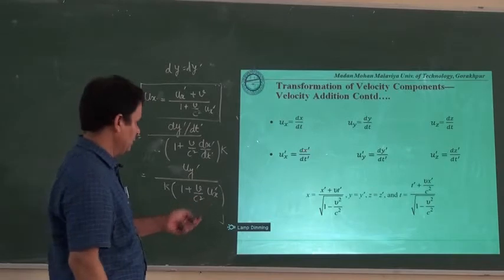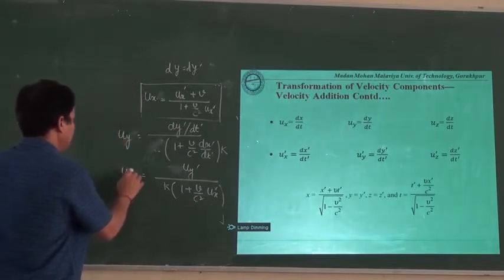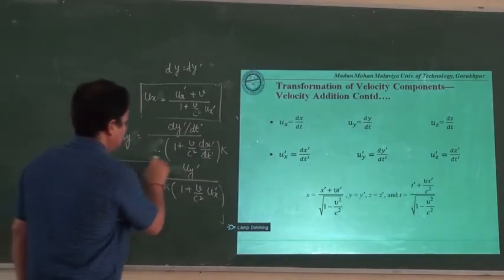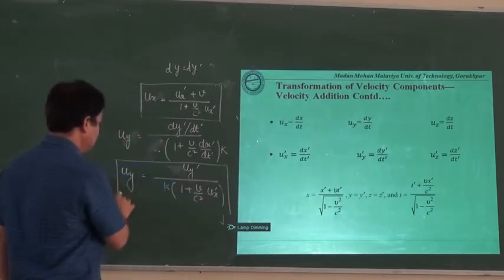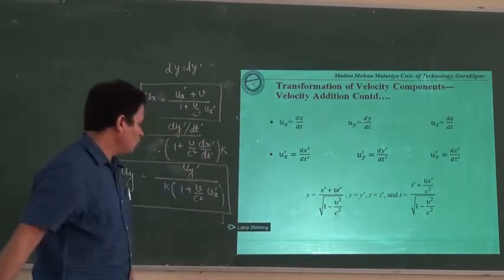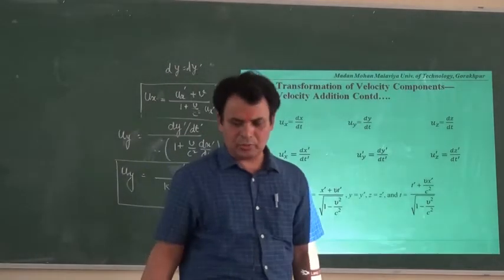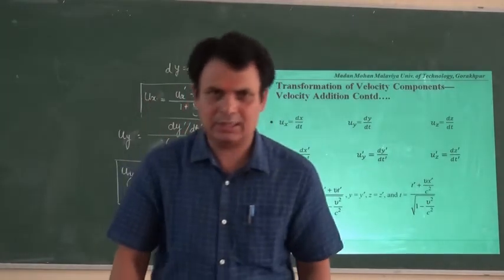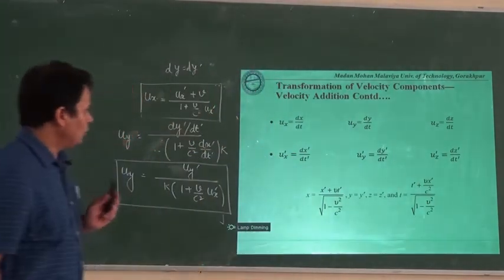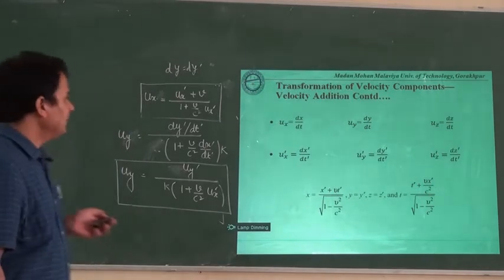This is corresponding to this. So uy will be equal to this uy dash divided by k times 1 plus v upon c square into ux dash. Very important observation you may have here.